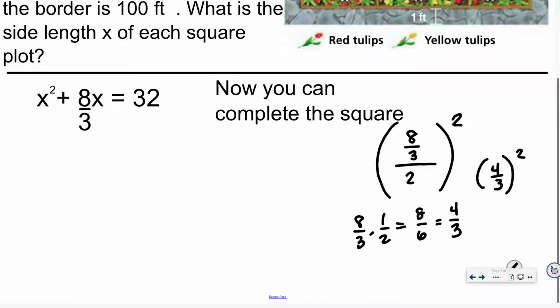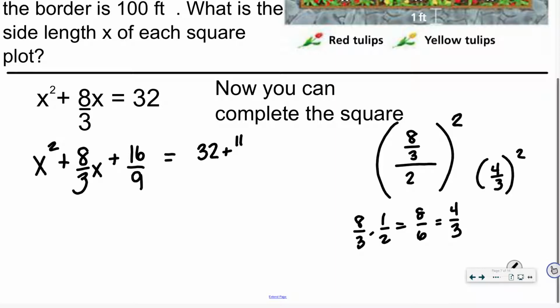Where am I going to add that? To both sides. Good. So 16/9 is going to be added here, and then here I'm going to add 32 plus 16/9. We'll get to that in just a moment.